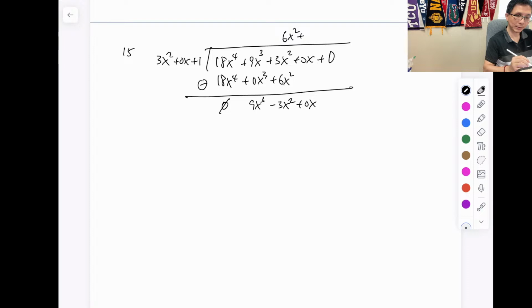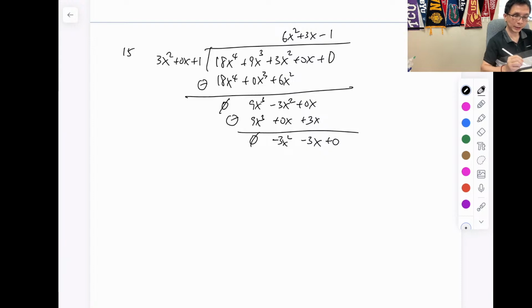Now I'm in plus 3x. So it'll be 9x cubed plus 0x plus 3. Negative 3x squared. And this is 0. And this is minus 3x. So far I'm doing okay. Plus 0.